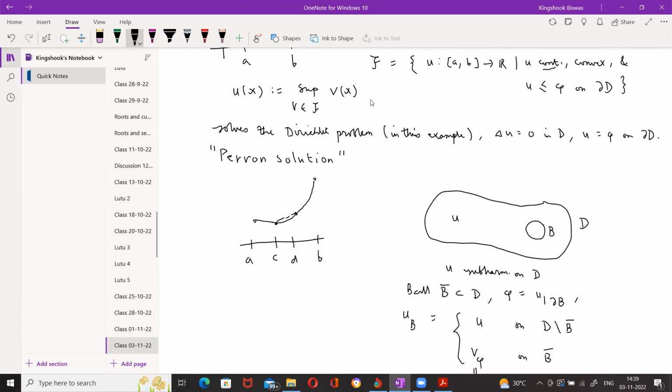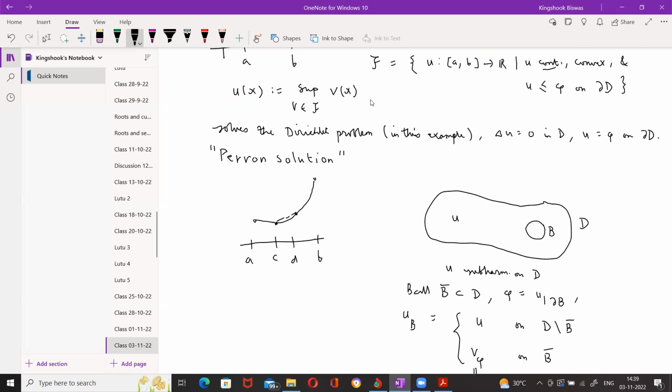Now you know that a maximum of two convex functions is convex, right? Similarly, the supremum of an arbitrary family of convex functions is convex. That follows from the definition. So similarly, one can show that with the more general definition of subharmonic, the supremum of subharmonic functions is subharmonic. So you can take this function U, and this will be subharmonic. It will belong to the class F. Now I want to show that this U is actually harmonic.